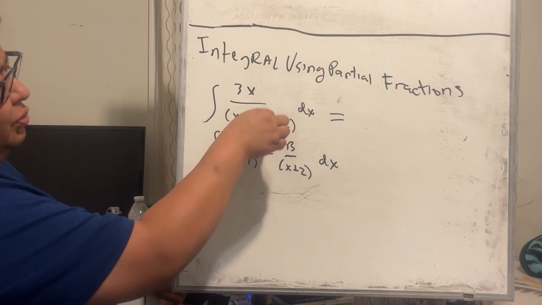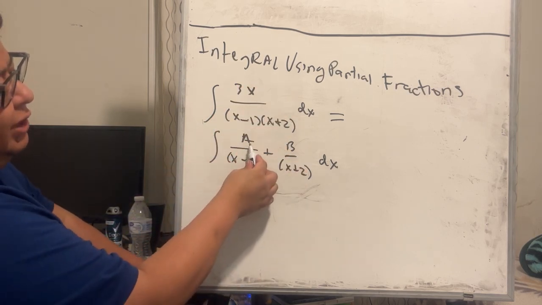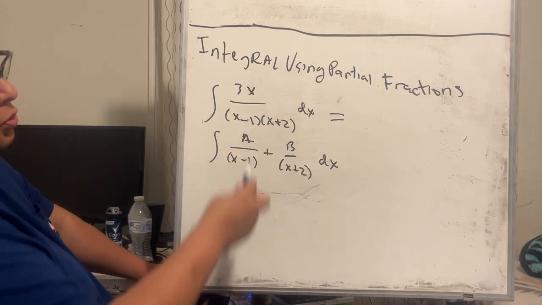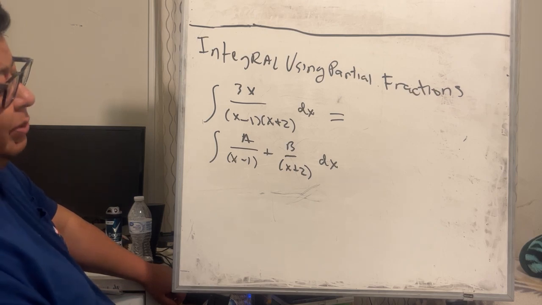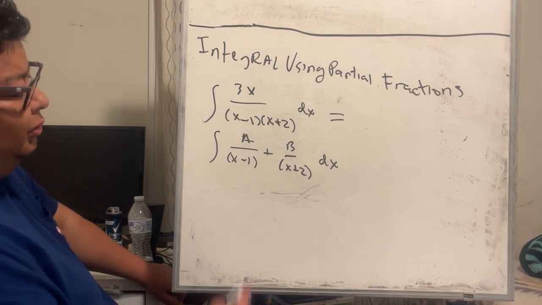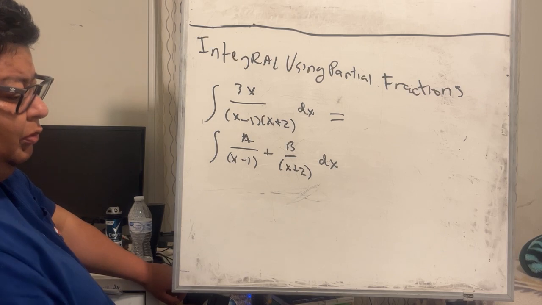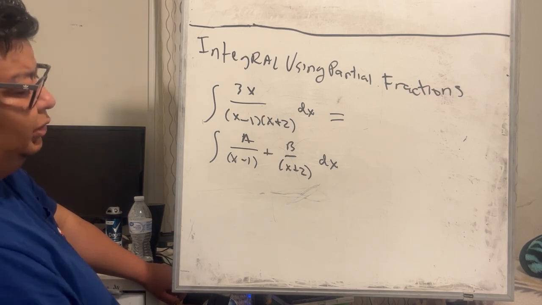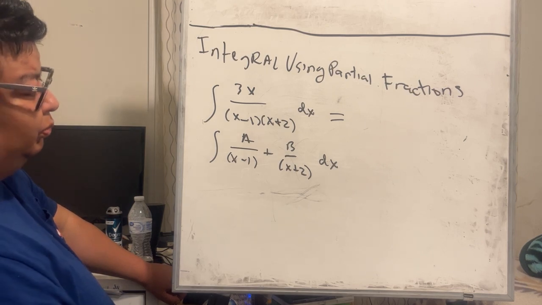So I decompose this here, but we need to find A and B. If you know how to do partial fractions or my other video, you're going to find that A is equal to 1 and B is equal to 2.